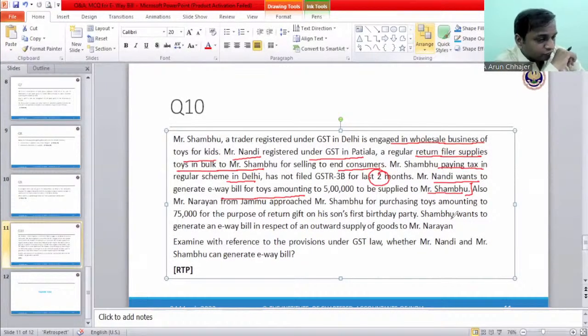The distance is from the principal place of business of the supplier or consignor to the transporter place, not to the customer place. Ultimate consignee means where you need to deliver the goods, normally your customer.